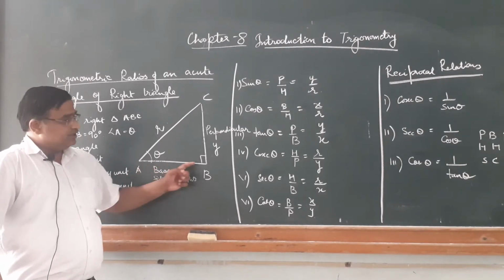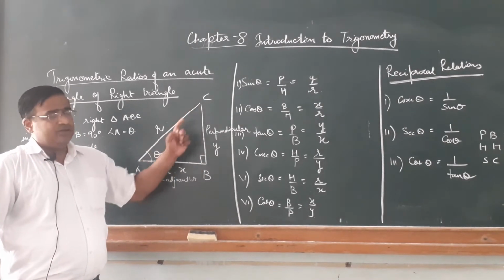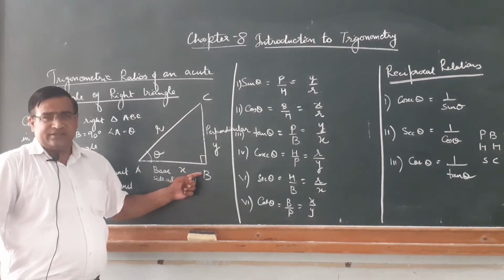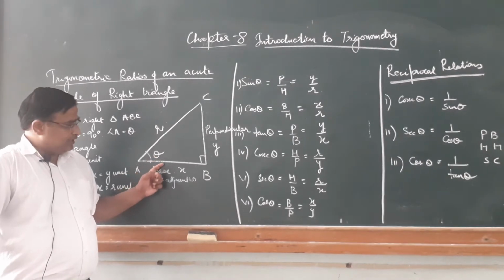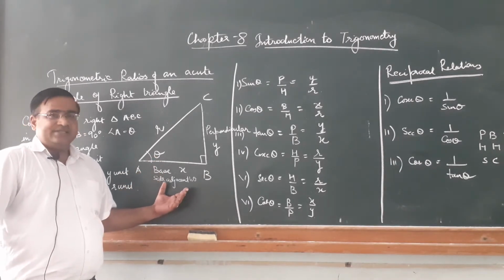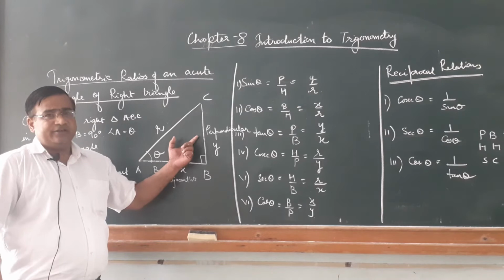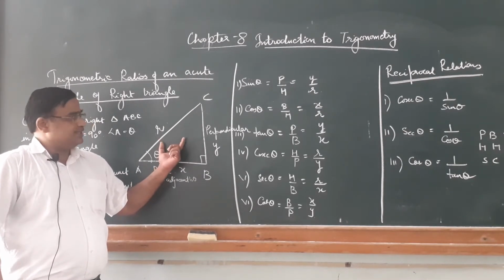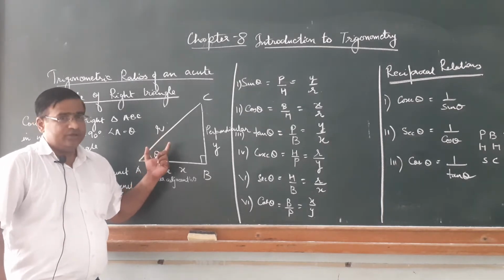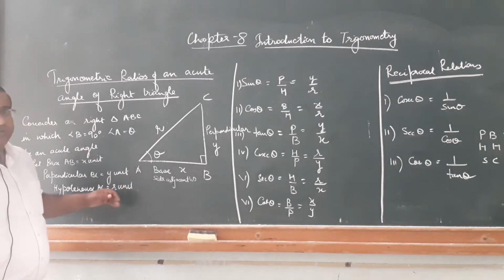Now, consider this right triangle ABC in which angle B is equal to 90 degrees. Let angle A equal to theta be an acute angle. Let the base AB be x units, the perpendicular BC be y units, and the hypotenuse AC be r units. Now, we will define the following trigonometric ratios.